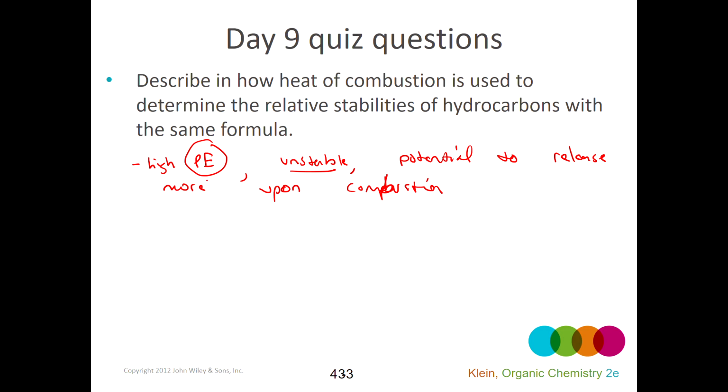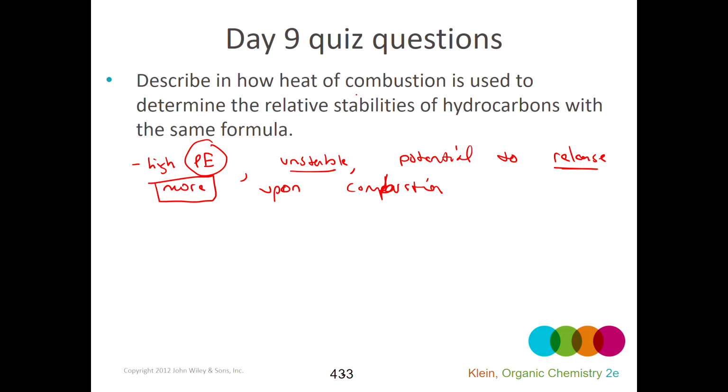And if that change releases energy, it's got the potential to release more energy than another structure that might not be so unstable and high in potential energy to begin with. So if you're comparing molecules' heats of combustion, the one with the greater heat of combustion should be less stable. And that's what we're looking for in that quiz question.